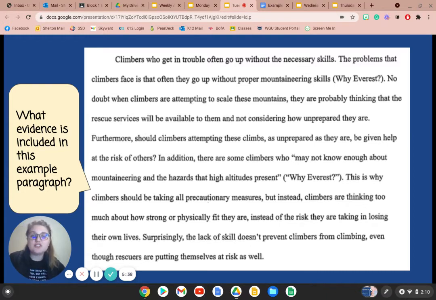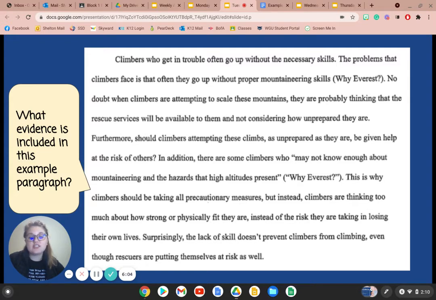So climbers who get in trouble often go up without the necessary skills. The problems that climbers face is that they often go up without proper mountaineering skills. No doubt, when climbers are attempting to scale these mountains, they are probably thinking that the rescue services will be available to them and not considering how unprepared they are. Furthermore, should climbers attempting these climbs, as unprepared as they are, be given help at the risk of others?